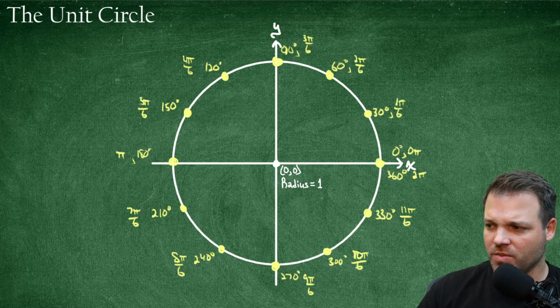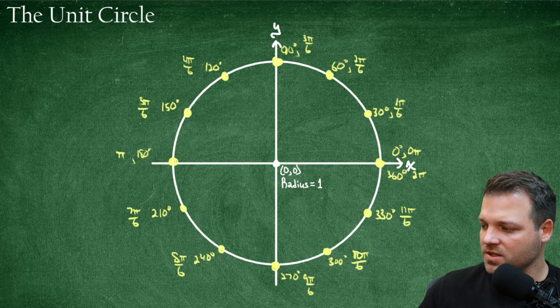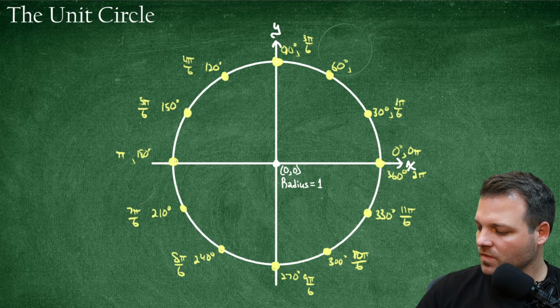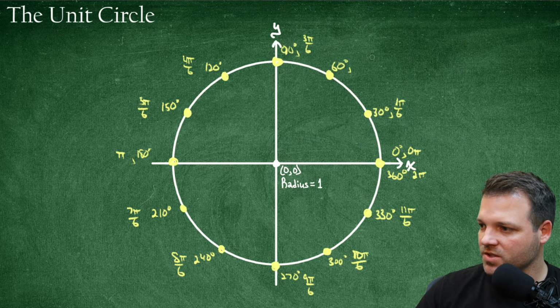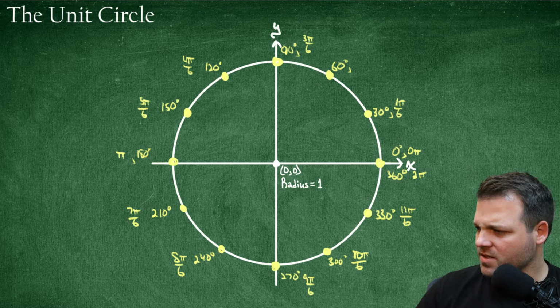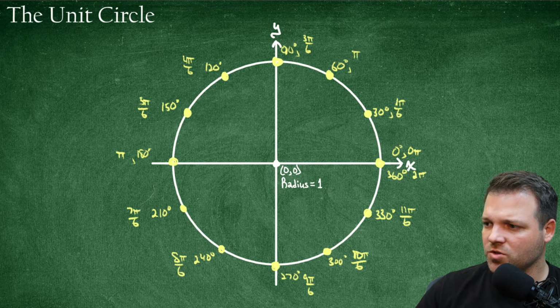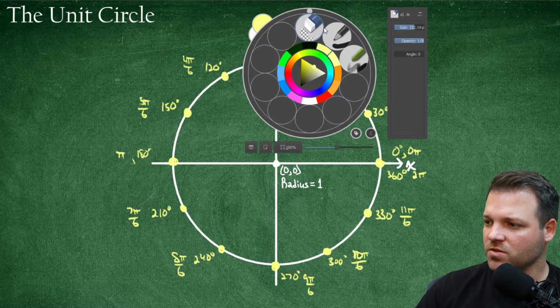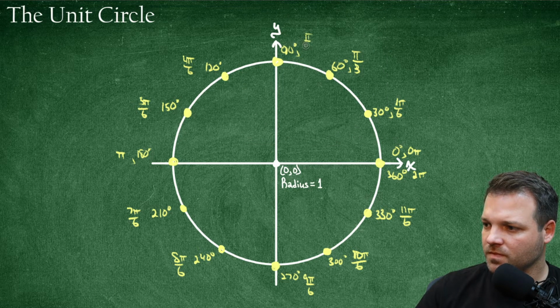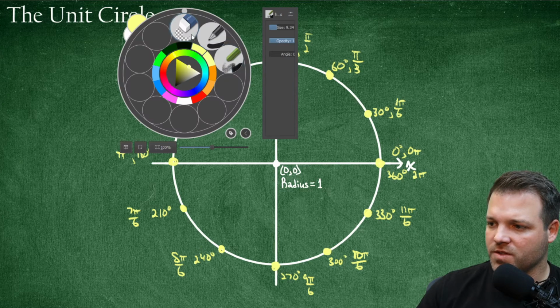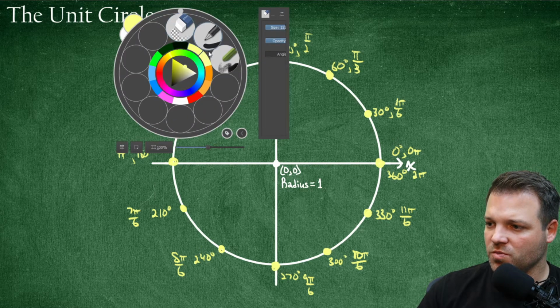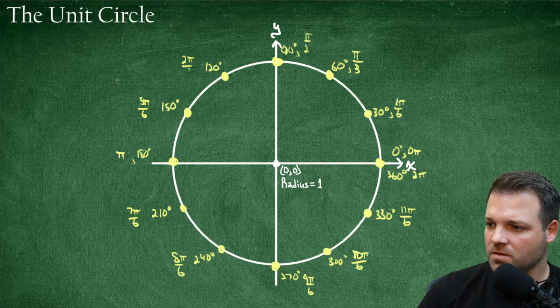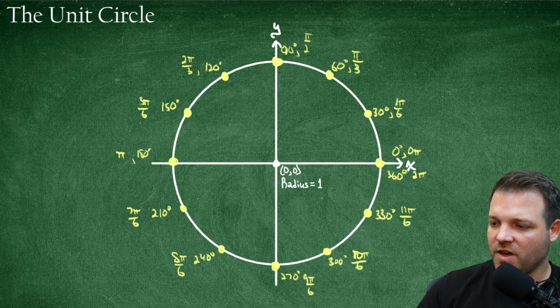All right, let's go ahead and reduce these. 1 pi over 6 is just 1 pi over 6. 2 pi over 6, 2 over 6 is 1/3, so pi over 3. 3 pi over 6 simplifies to pi over 2 radians. 4 pi over 6 is going to simplify to 2 pi over 3 radians. 5 pi over 6 is simplified.